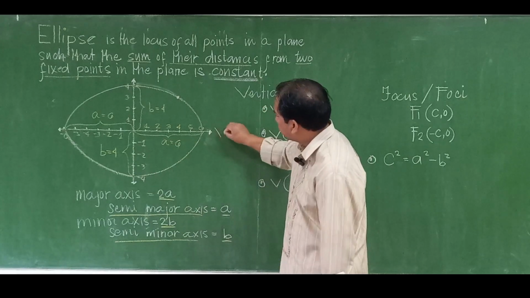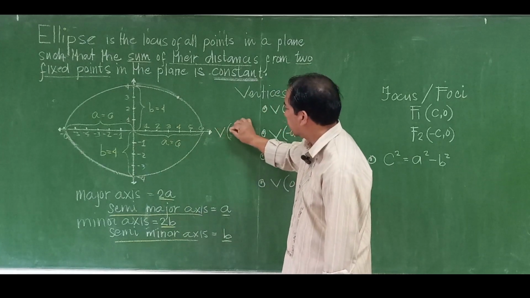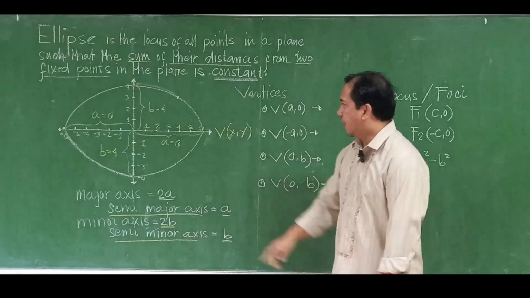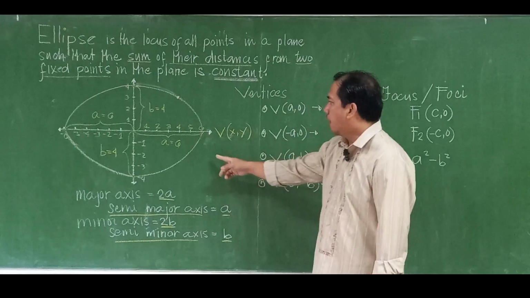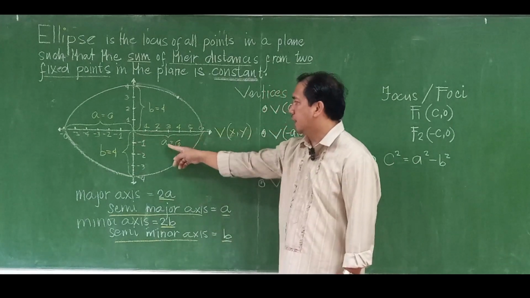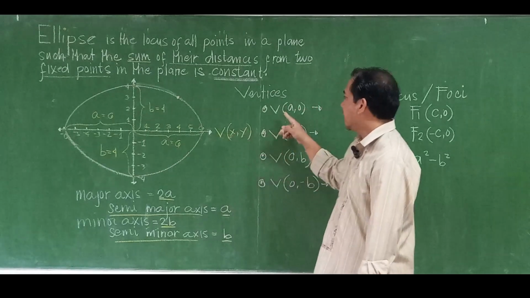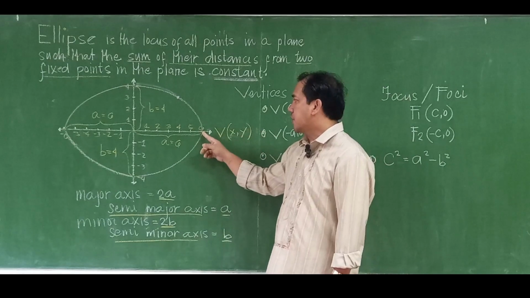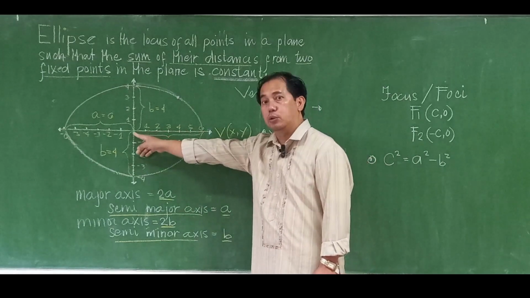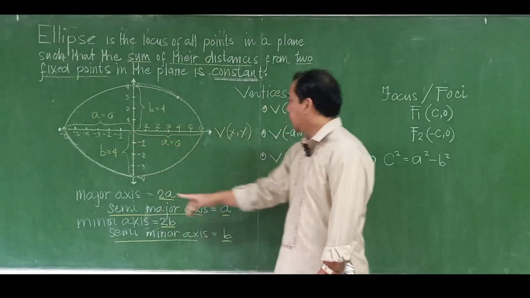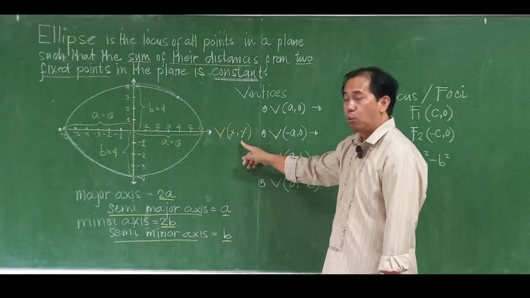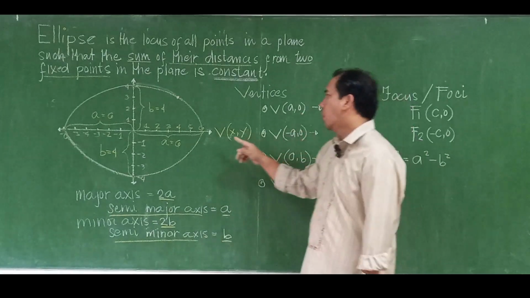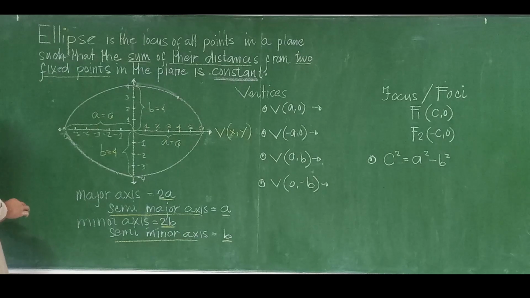Normally, our vertex is a point that is the same as x and y. So if I were to name this vertex, my x has a measure of a. Notice that my vertex here corresponds horizontally to the point of origin, meaning my y here is 0. Another one: what must be the vertex on the side?